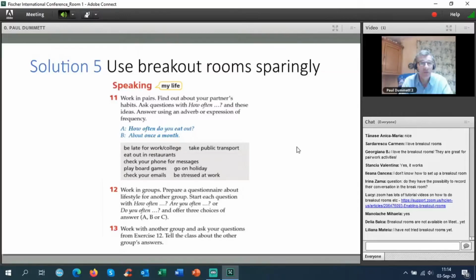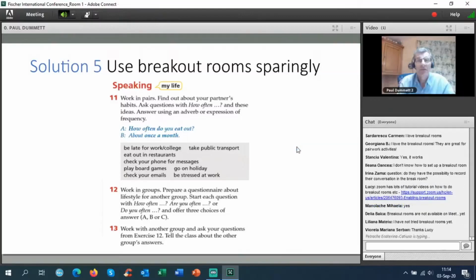How do we deal with this problem of checking understanding? Well, the first thing is repetition, which is obvious. Just repeat, repeat, repeat. The second thing is to make things relatable. So all the time, try and make sure that the ideas you're presenting, the words you're presenting, relate to students' own lives.